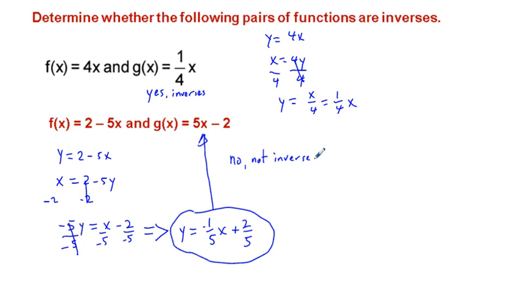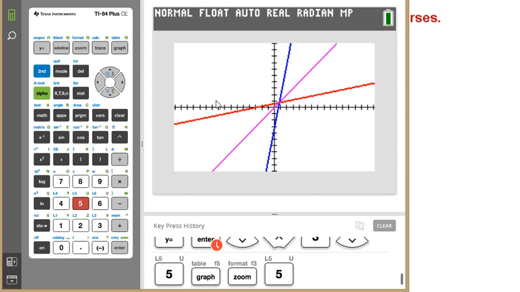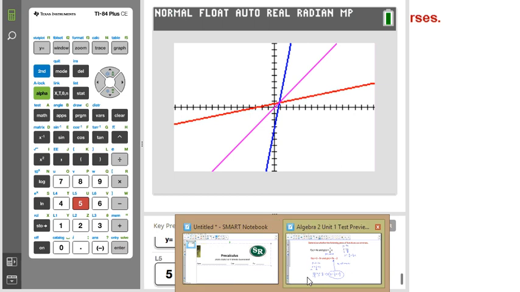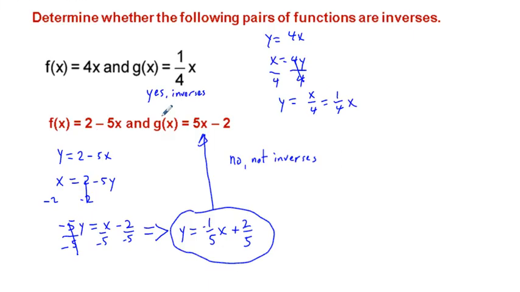And to diagnose inverse functions, you can also go back to your calculator, and just as we did up here for the earlier problem, diagnose it this way. So let's see what they are. We have 2 minus 5x and 5x minus 2.